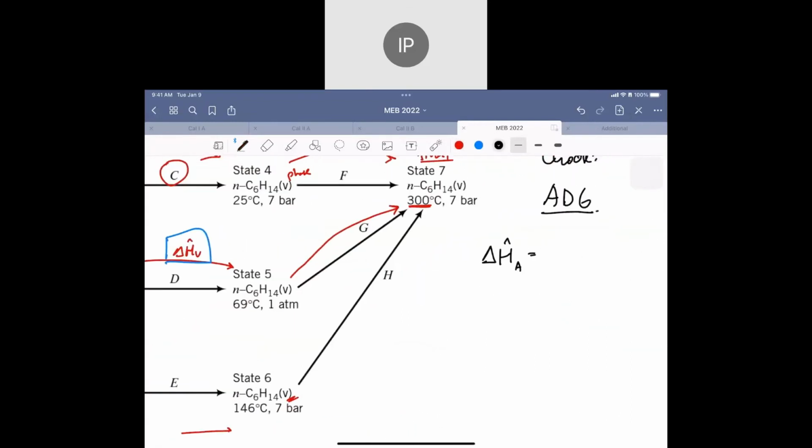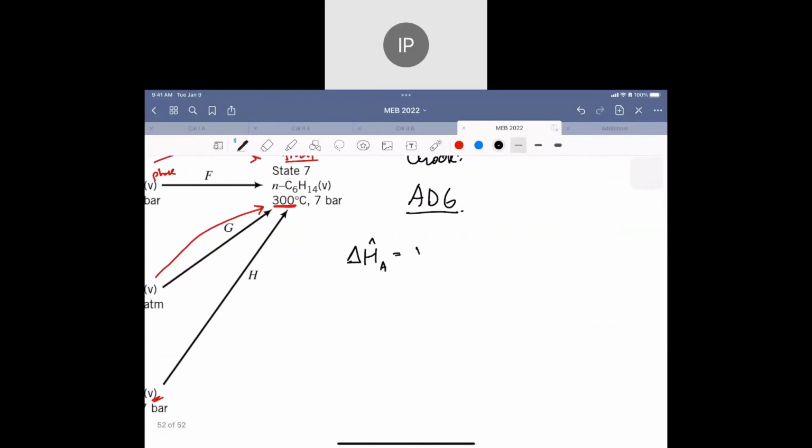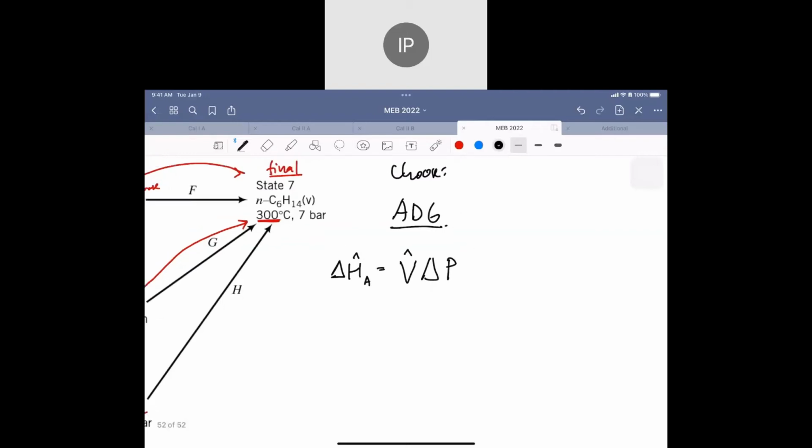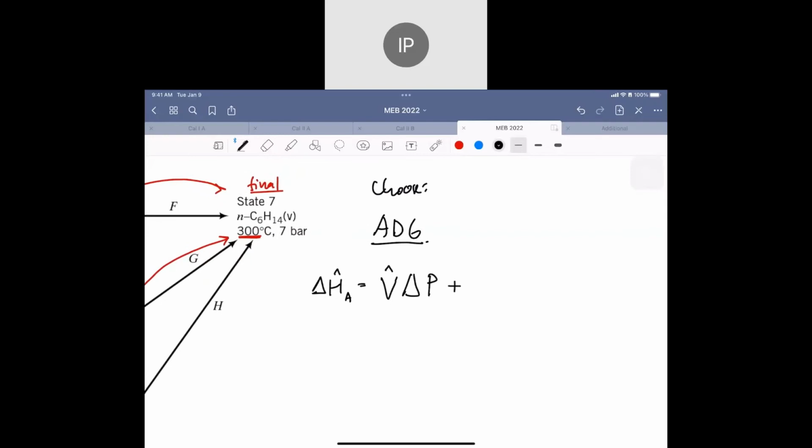So the first thing is we get the specific volume and multiply it with the delta pressure, right? And then plus the CP of hexane from 25 to 69.